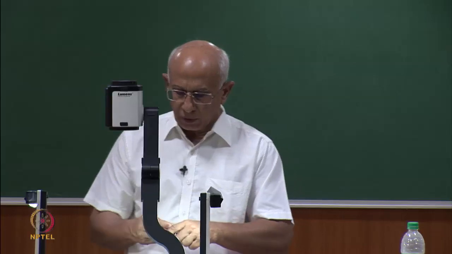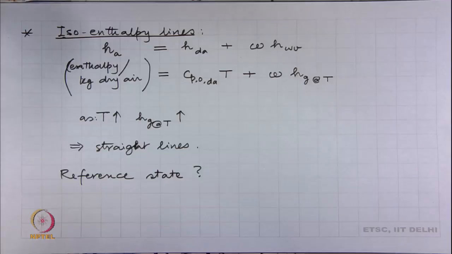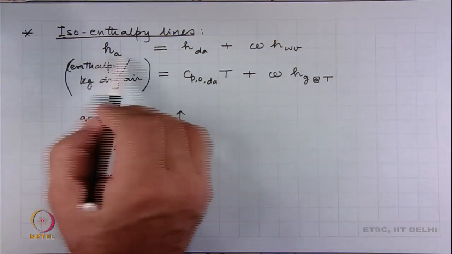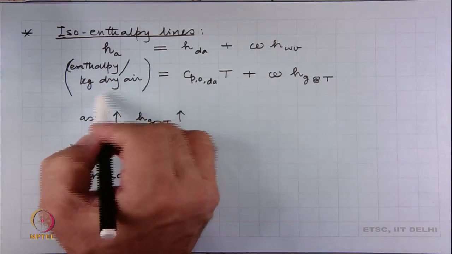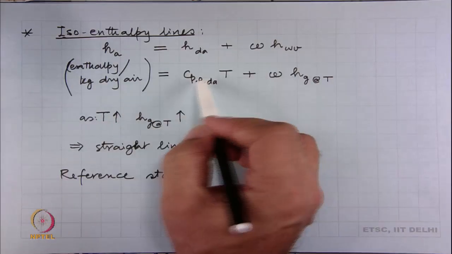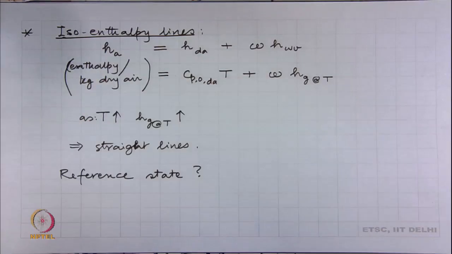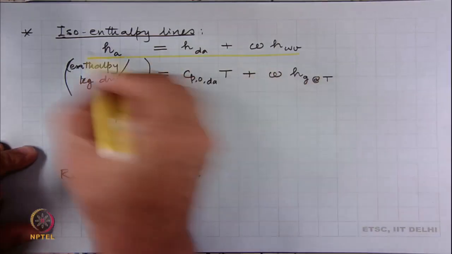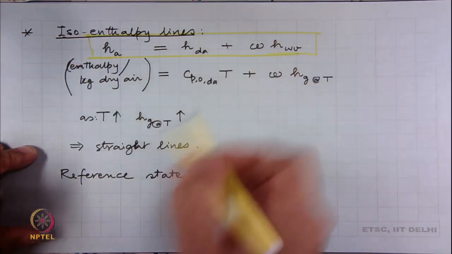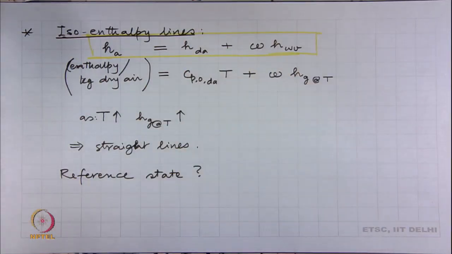That means lines of constant enthalpy. We had an expression for the specific enthalpy of air, which is enthalpy on a kg per dry air basis. In general, the specific enthalpy of air is the specific enthalpy of dry air plus omega times the specific enthalpy of water vapor.